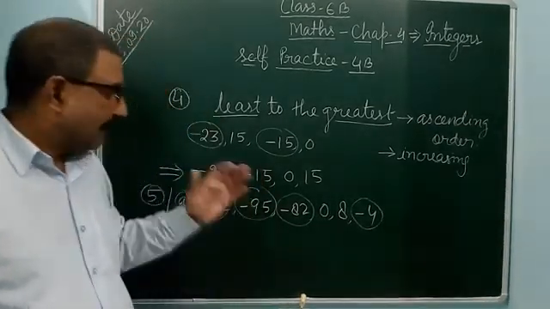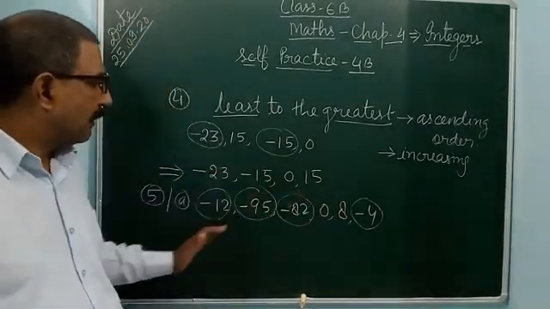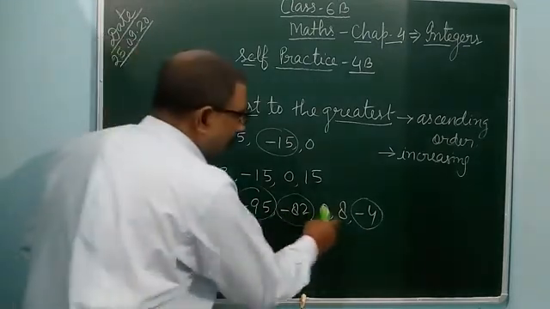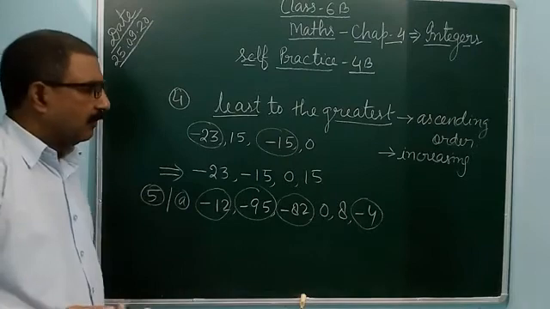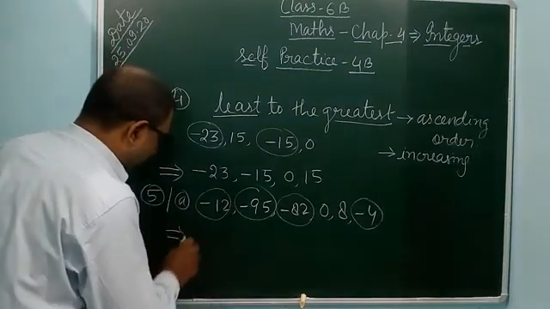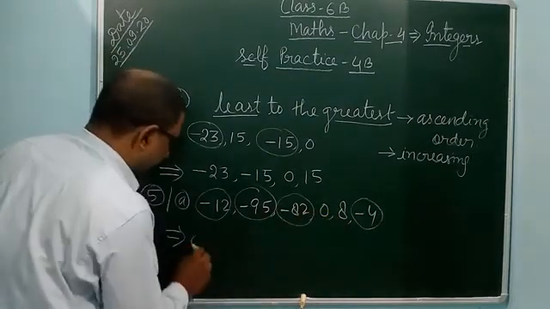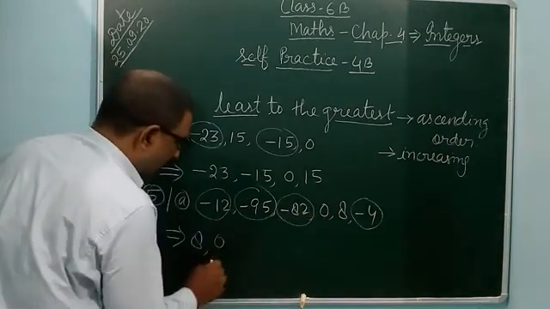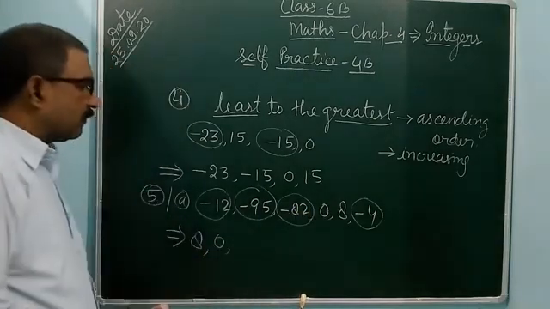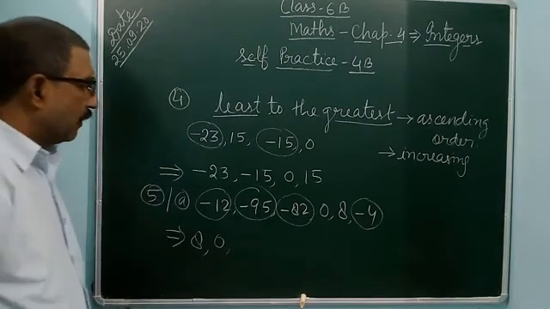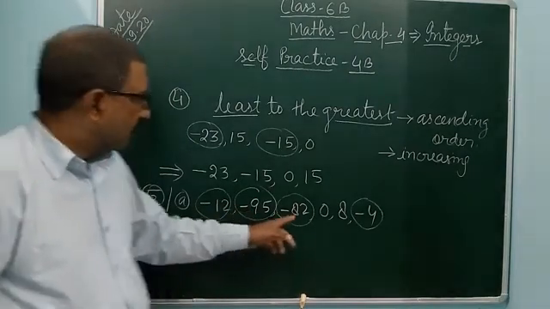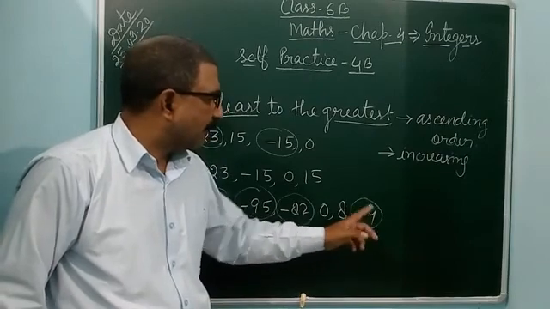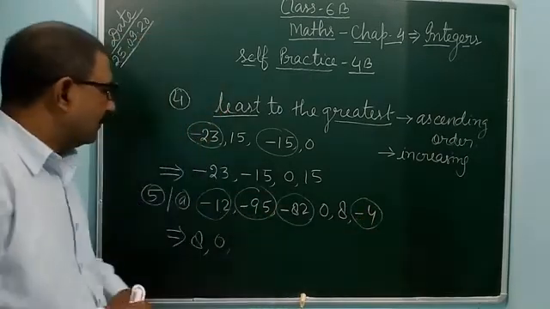Now greatest to smallest means greater to smaller, you can order the numbers. So in 0 and 8, which is greater? 8 is greater. So firstly write the greatest number, 8. After 8, just less, 0. After 0, just less, the negative integer which has the fewer digits, minus 4, that is greater.